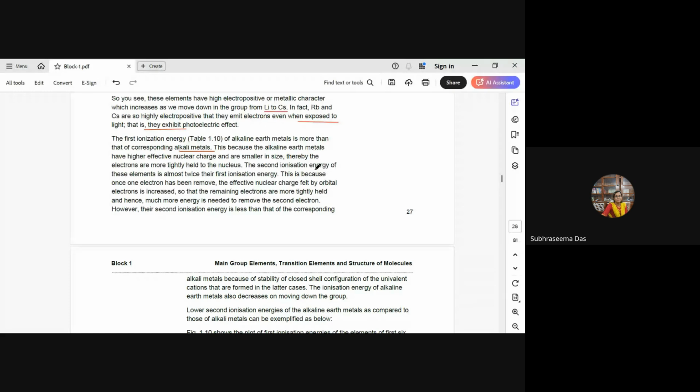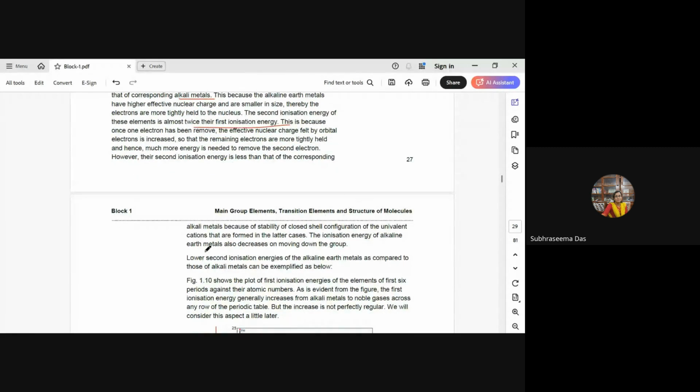The second ionization energy of these elements is almost twice their first ionization energy, because once an electron has been removed, the effective nuclear charge increases, so the remaining electrons are held more tightly. That is why more energy is needed to remove the second electron. But their second ionization energy is less than that of the corresponding alkali metals because of the stability of the closed shell configuration.